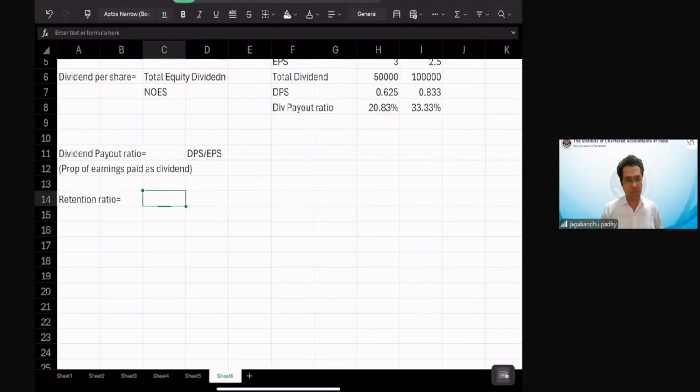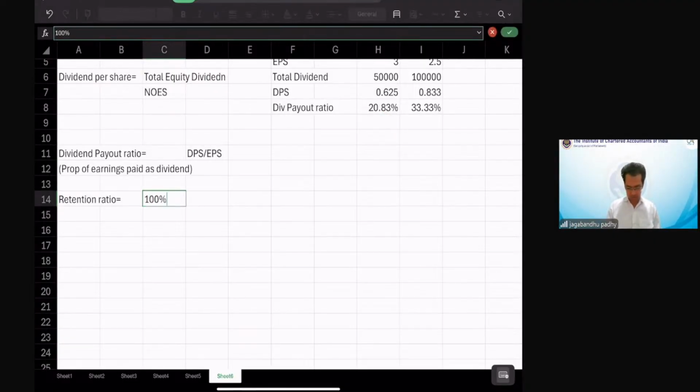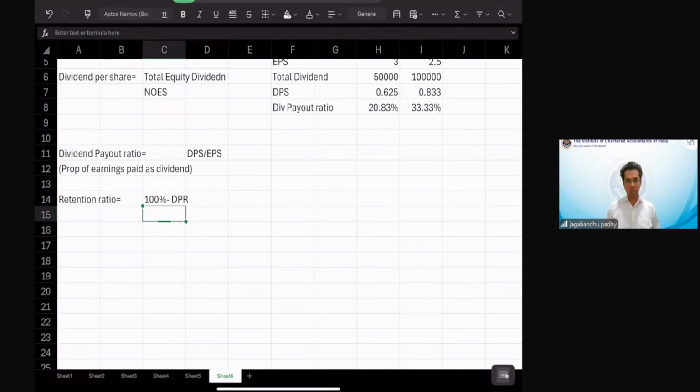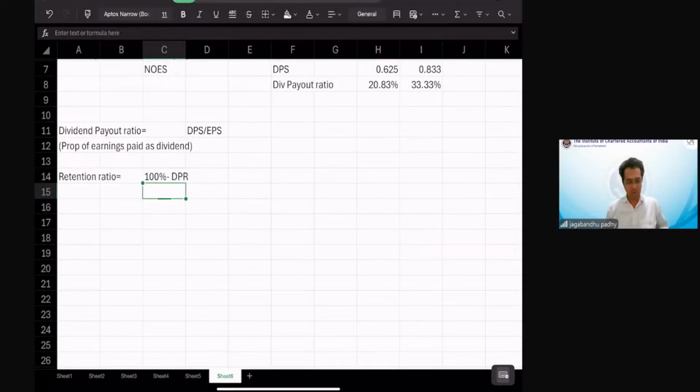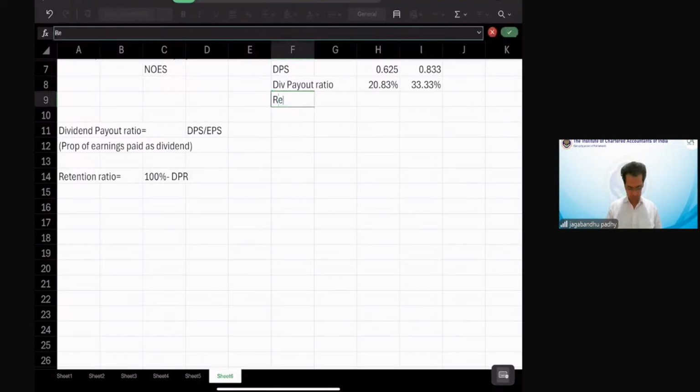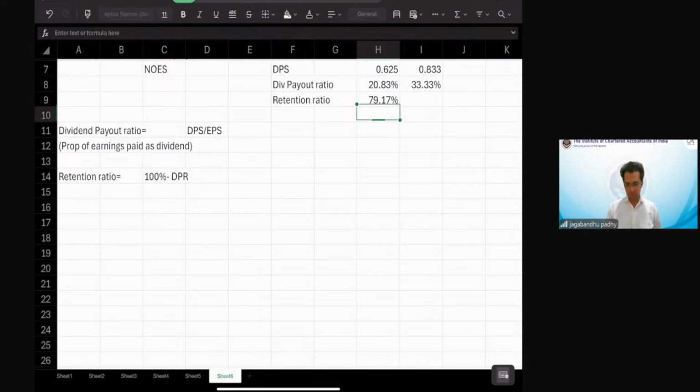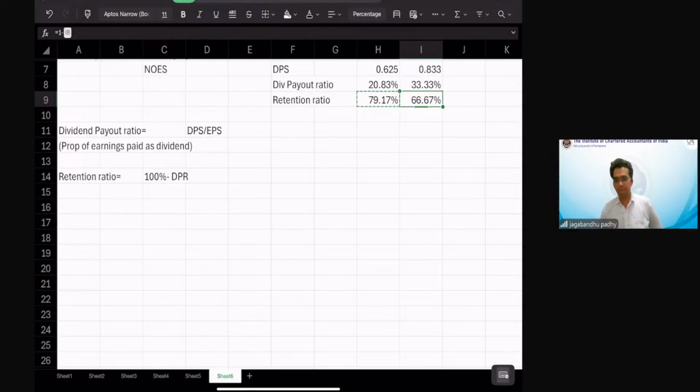We can calculate the retention ratio as 100% minus dividend payout ratio. So in our case, the retention ratio will be 1 minus this: 79.17% and 66.67%.